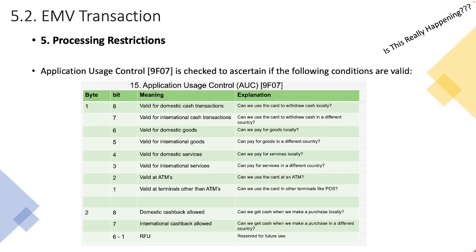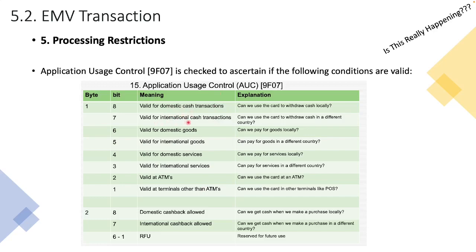Okay, so just to recap, this is what the application usage control tag looks like, right? So it's a 2-byte value that, once you convert from hex to binary, these are the conditions that are catered for. So, is this card valid for domestic cash transactions?